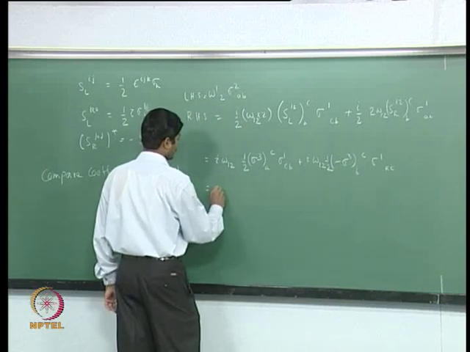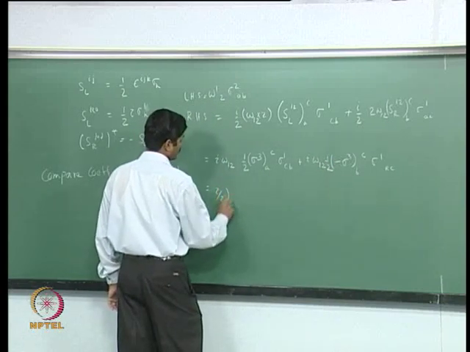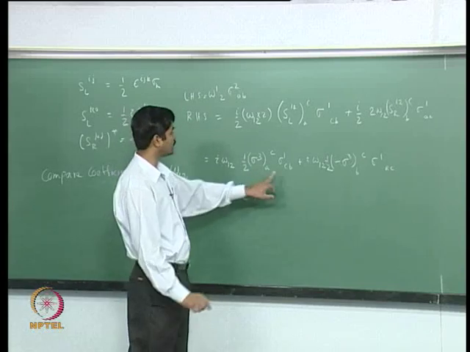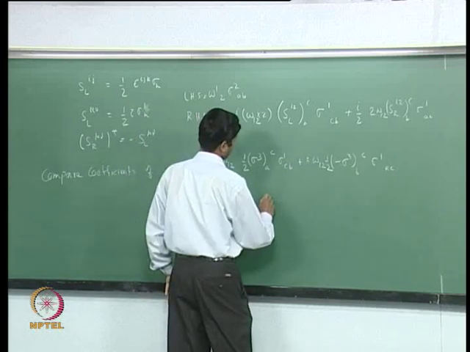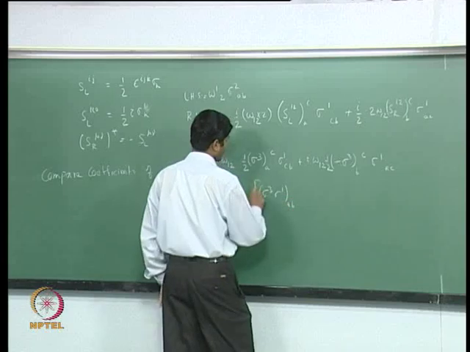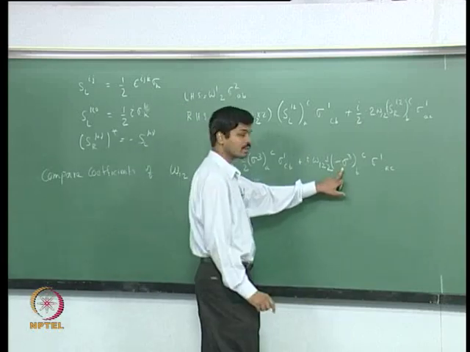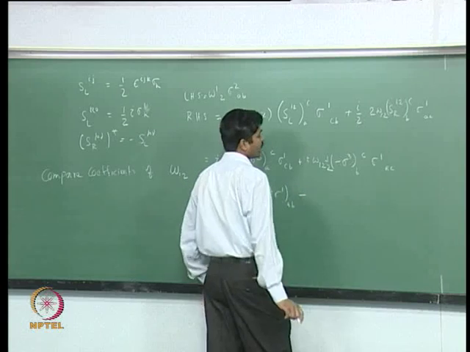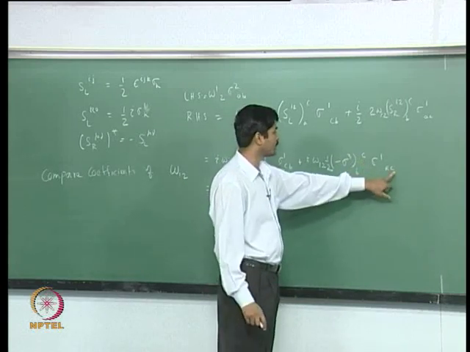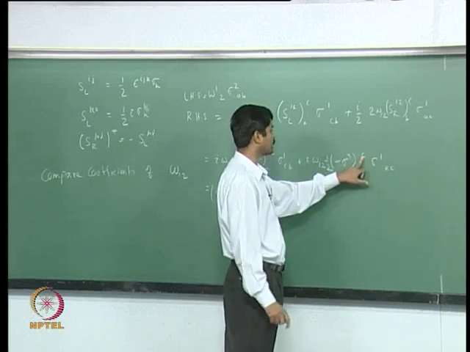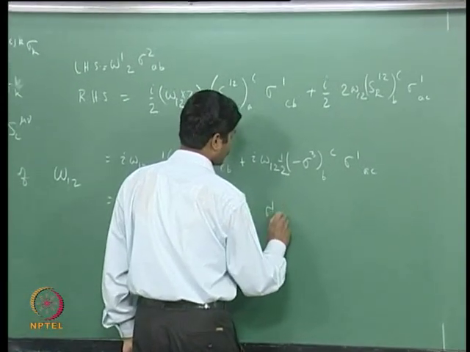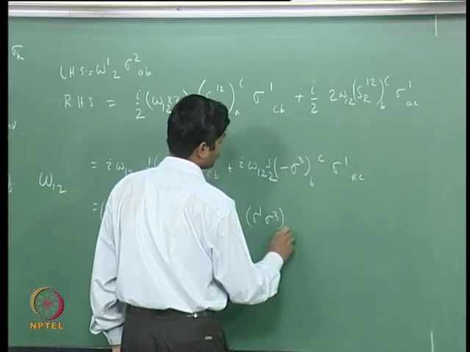So, what you get is I over 2 omega 1 2, and this is nothing but sigma 3 sigma 1 of AB in the first term, and in the second term you have a minus, and you can see that the matrix elements are contracted in such a way that it is sigma 1 sigma 3 of AC.